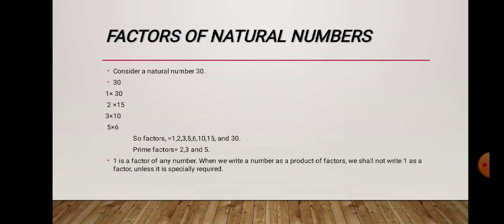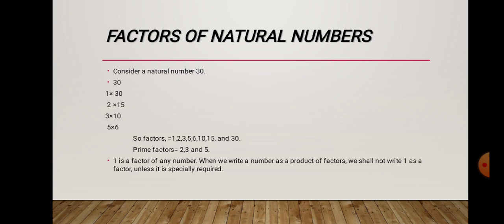Now let us see about the factors of natural numbers. Now I consider a natural number 30. Now I am writing the factors of 30. While writing the factors of any number, you can use your divisibility test also. Like I take 1 times 30 is 30. Yes, we know when we are multiplying any number with 1, the answer will come itself. So 1 is a factor of every number.